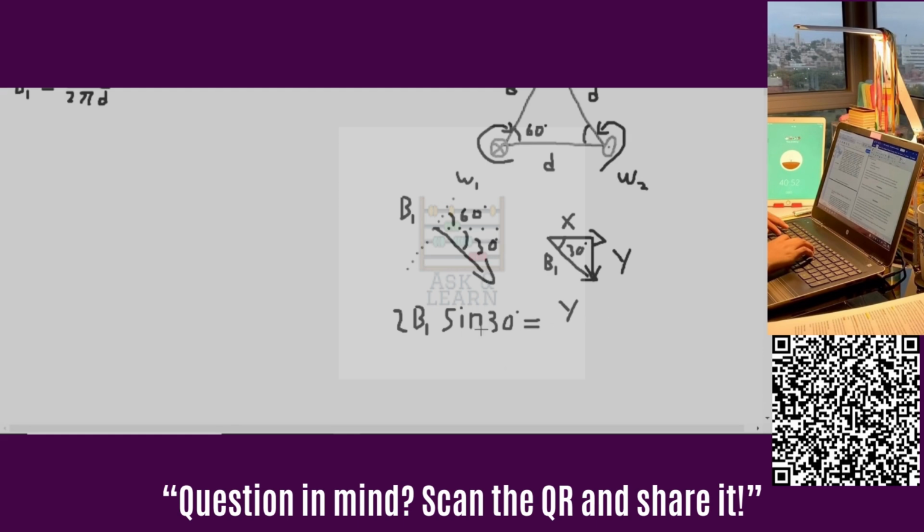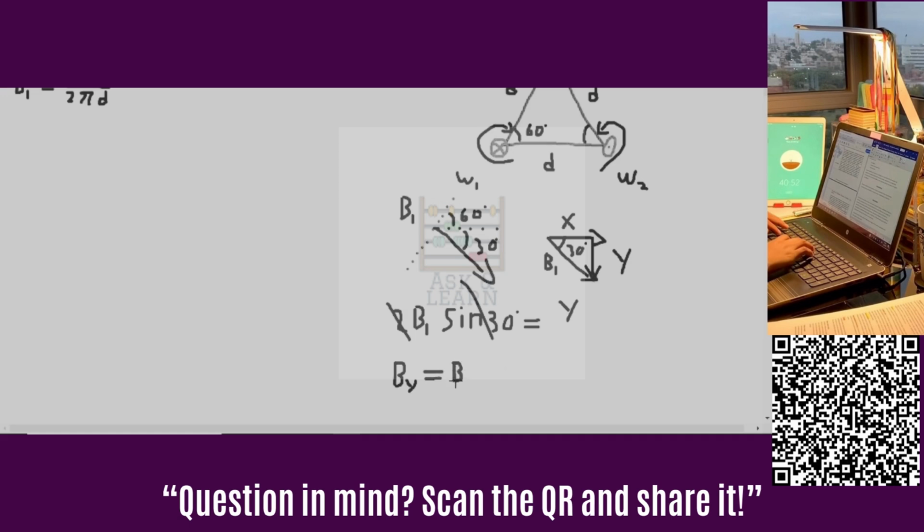But sine of 30 degrees is 1/2, so it will end up canceling with the 2. So the sine of 30 degrees cancels with the 2, which means our Y component. Actually, just to be a little bit more specific, I'm going to call it By because it's a magnetic field component. Our Y component of the magnetic field, which is the total net magnetic field, is equal to what we calculated for one wire.